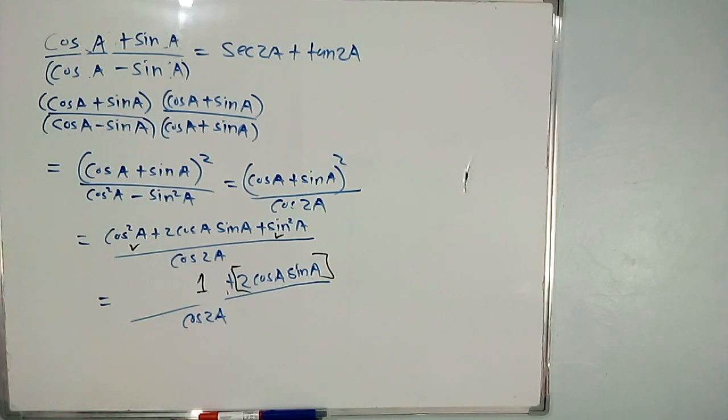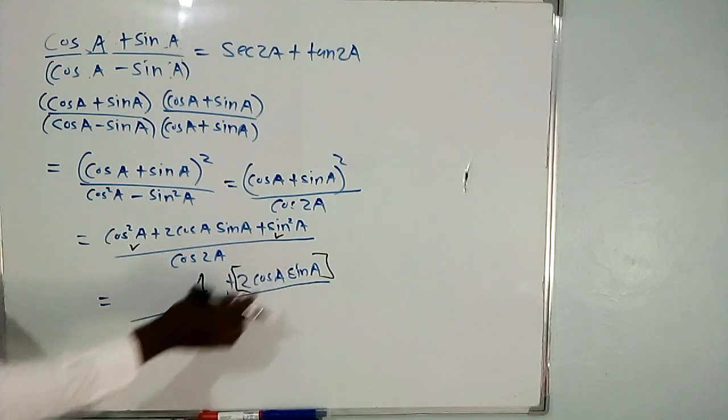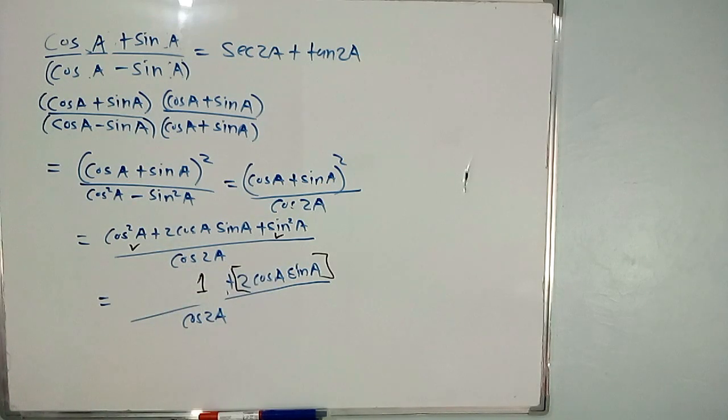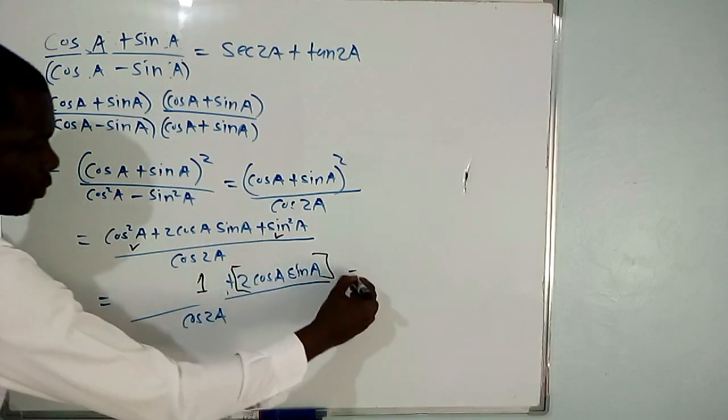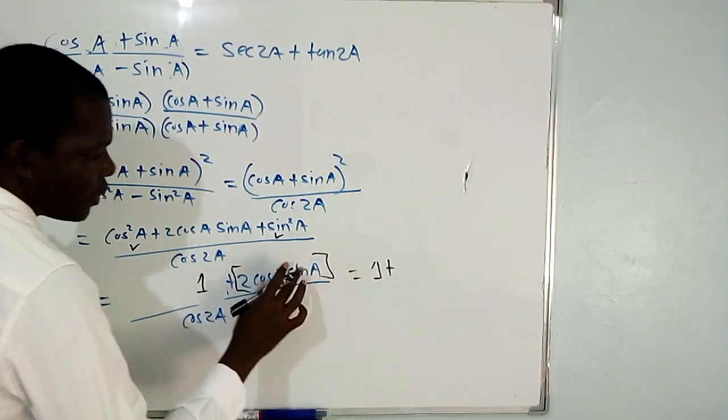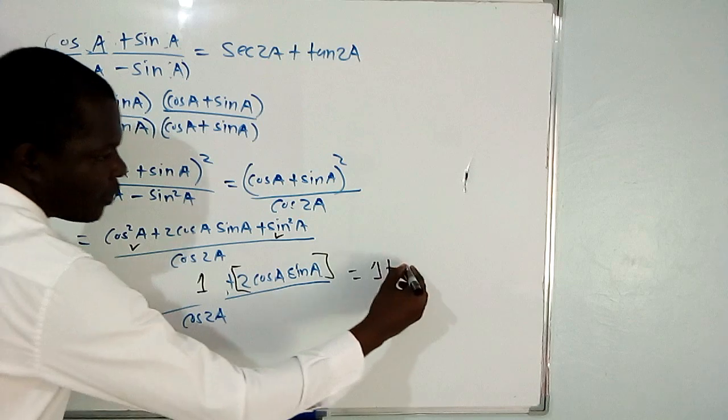Are you seeing that? So here you end up with 2 sin A cos A, which is a sine double angle. So where there is 2 sin A cos A, you put the sine double angle. So the numerator we have 1 plus sin 2A.